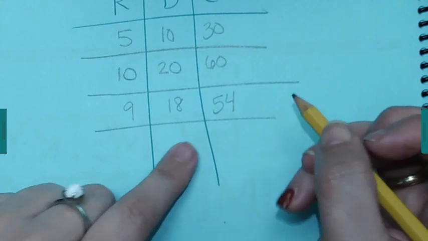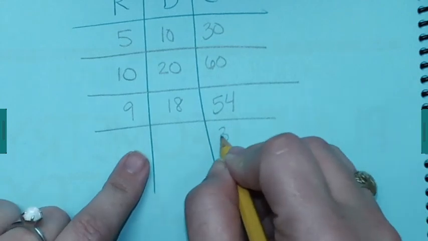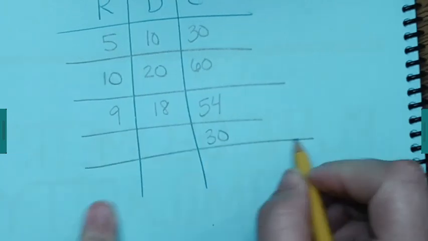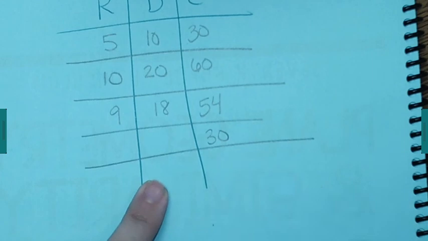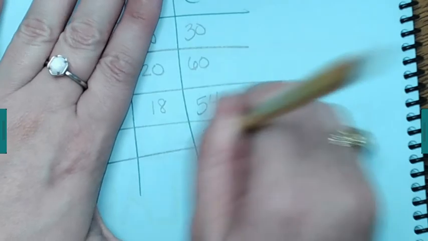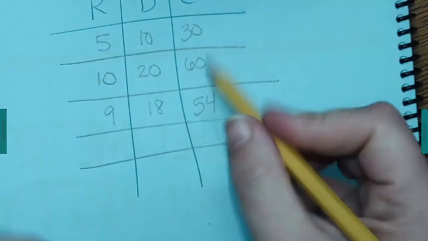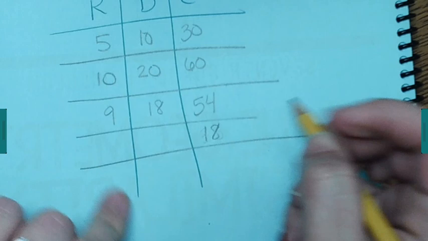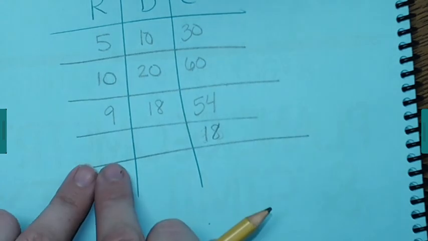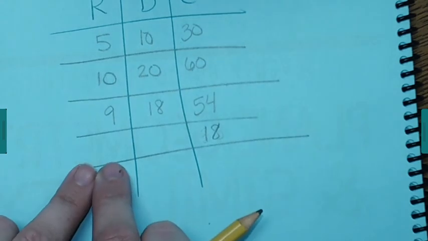Okay. Now, if the circumference is 18, I want to know the radius. What's the radius? It's 3.